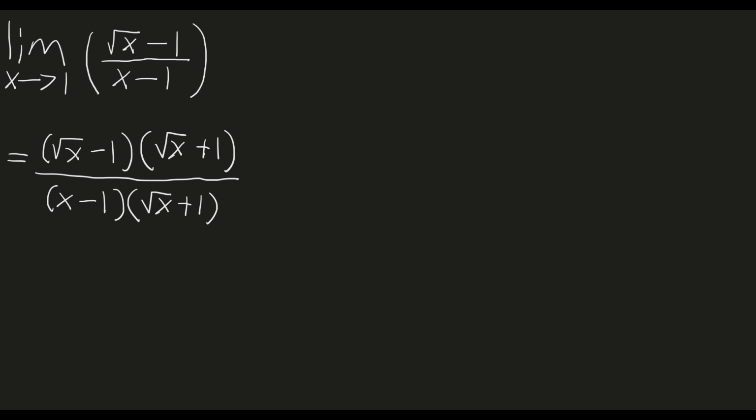Okay, then what we will want to do from here is multiply the numerator together only. That would just simply get us x minus 1 over x minus 1 times root x plus 1.